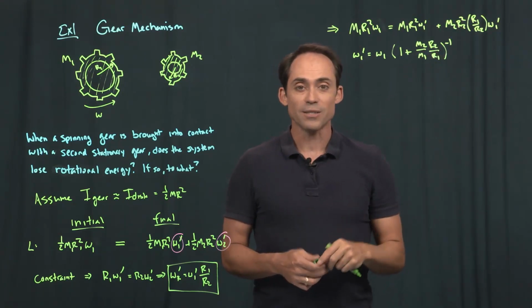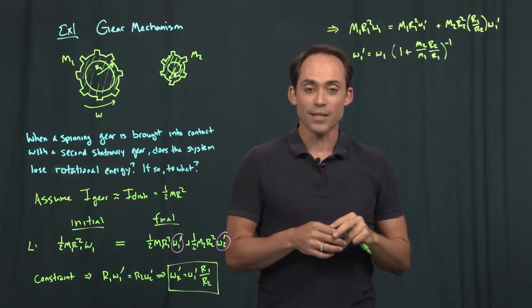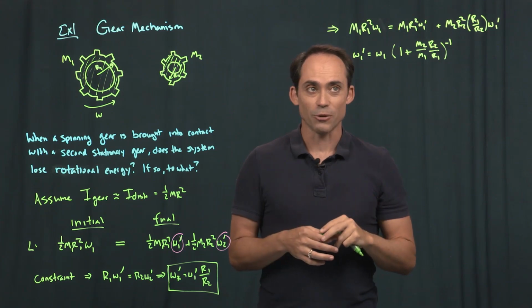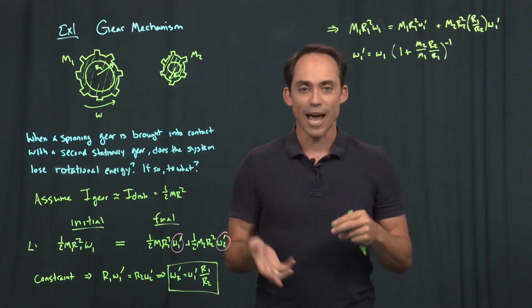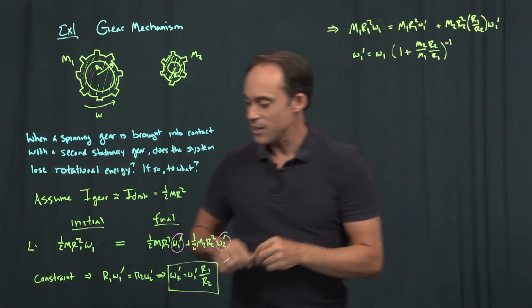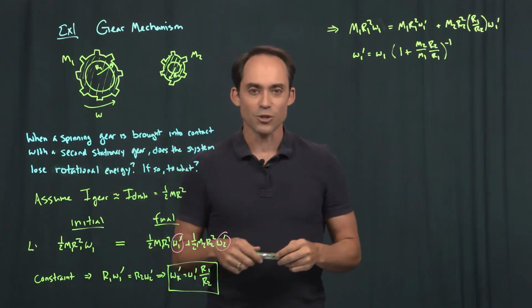Okay, so this relates the angular rate of the first gear after the collision to its original angular rate. And of course, we also have an expression for what the angular rate of the second gear is after that collision. Now, the question was asking if we lose rotational energy.